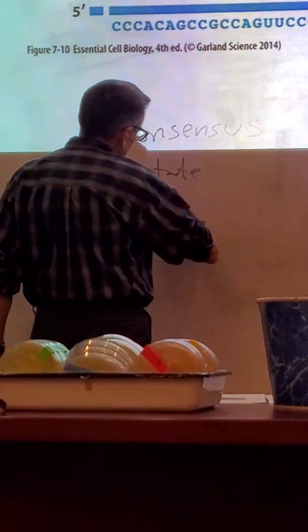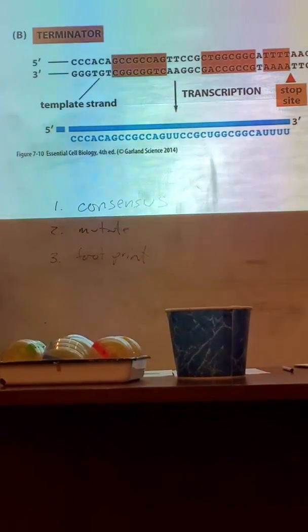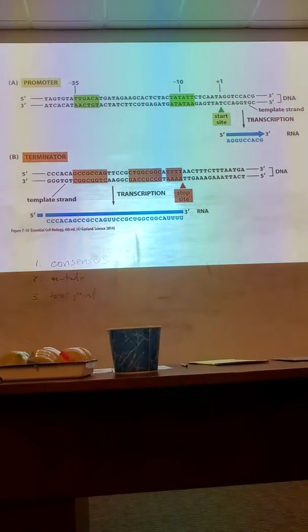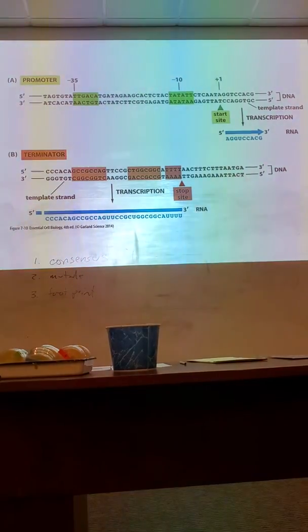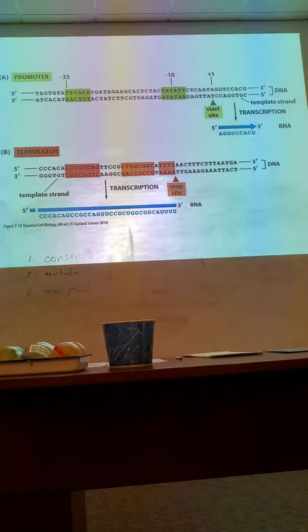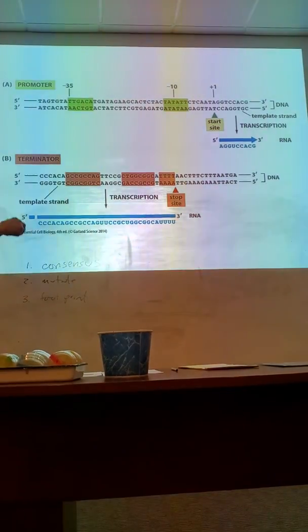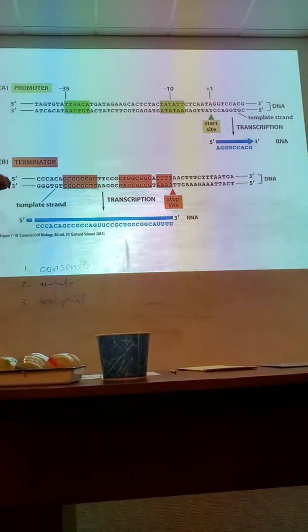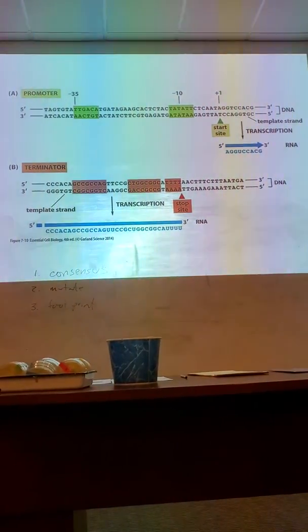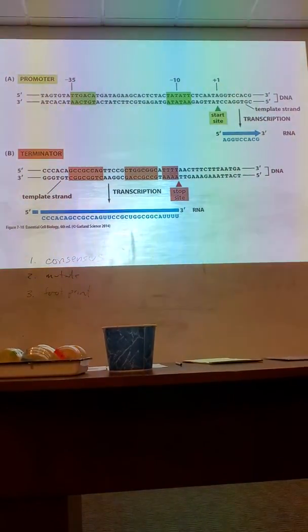It's called a footprint. So based on consensus and mutation, now we have the hypothesis that those sequences highlighted in green are required for promoter function. We think that means sigma protein can stick, can hydrogen bond with those particular base sequences. If that's true, then the sigma protein ought to sit right on this situation here. So if I put this sequence of DNA in a test tube, if I throw sigma protein in the test tube, my hypothesis is when that sequence is there, sigma will hydrogen bond with it.